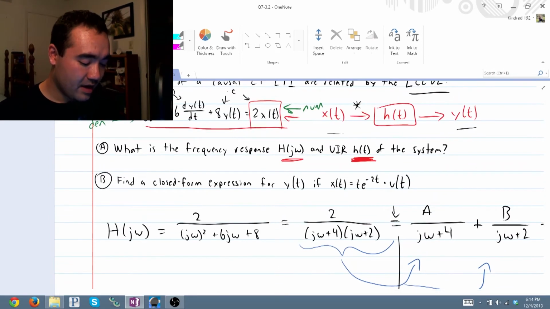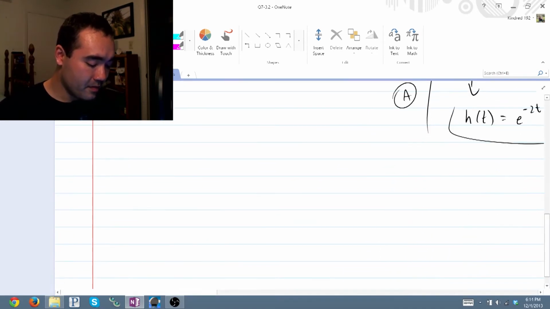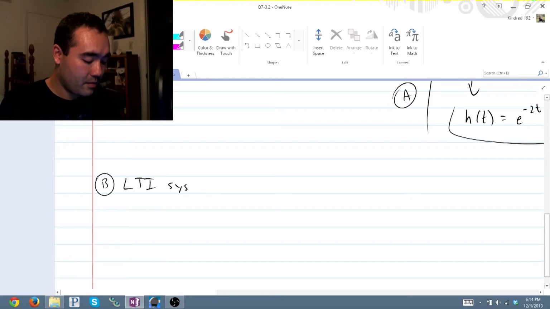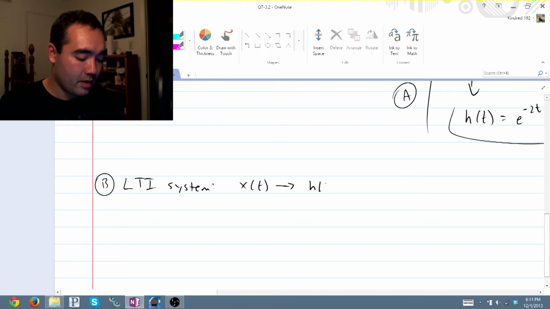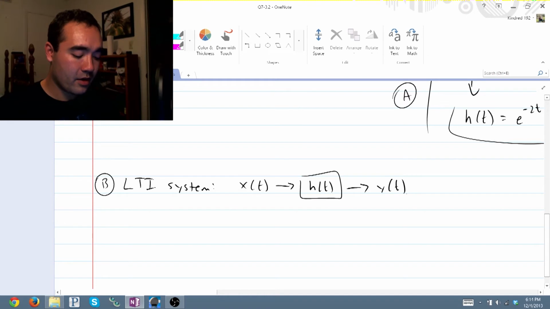So now we have our h of t, and it asks us what we're going to get if we change our input, right? So we know, and we're just going to go back to basics here, that for an LTI system, if we have some x of t and we send it through some response function, we're going to get our output, right?